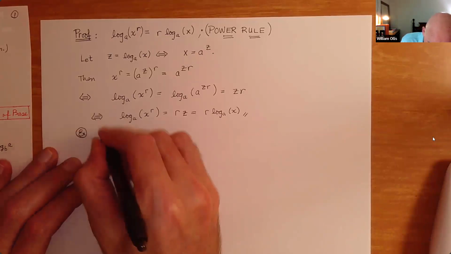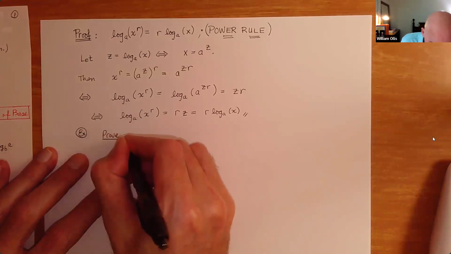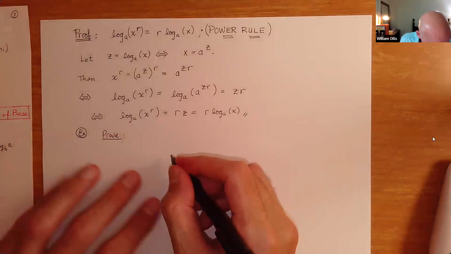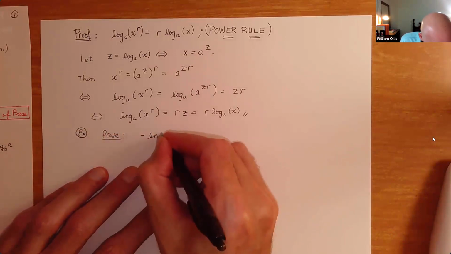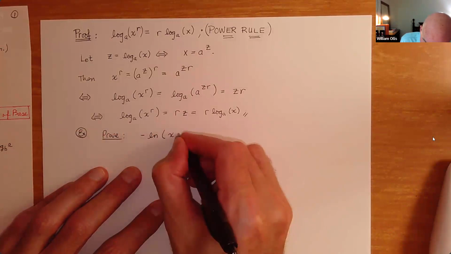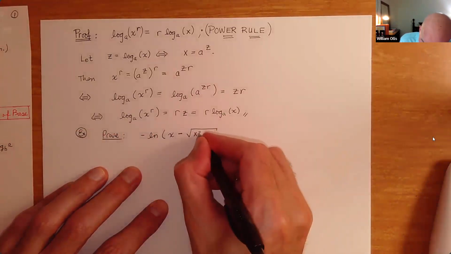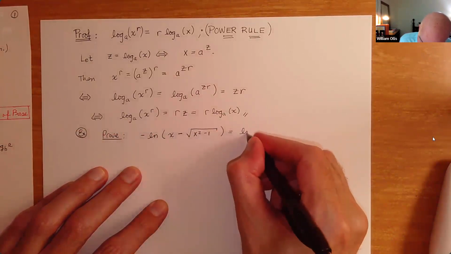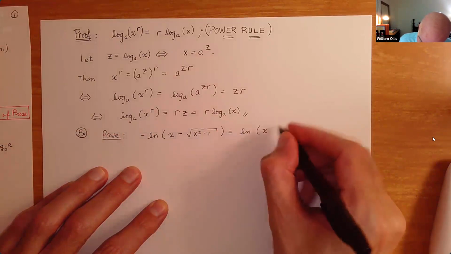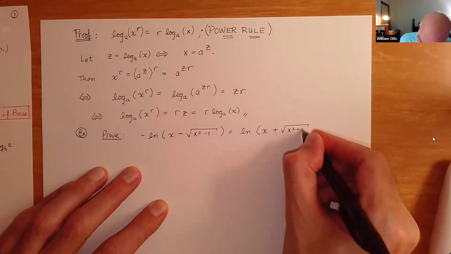We'll just go ahead and prove this, which is an interesting example about the natural logarithm. So we want to prove that the additive inverse of the natural logarithm of x minus the square root of x squared minus 1 is actually equal to the natural logarithm of x plus the square root of x squared minus 1.